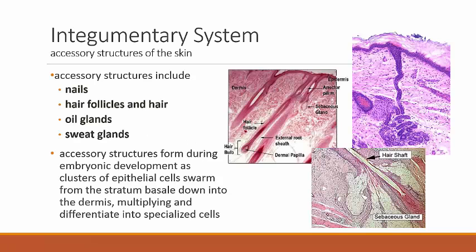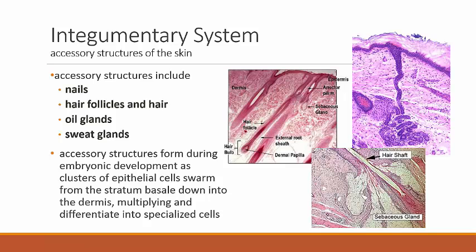So during embryonic development, thousands, maybe even hundreds of thousands, of small groups of epidermal cells from the stratum basale push deep into the dermis. As they push down, they multiply and differentiate and specialize to form what are known as the accessory organs.